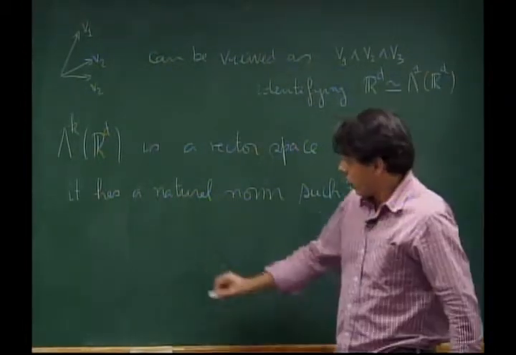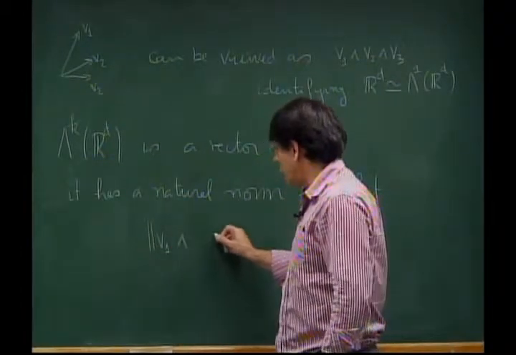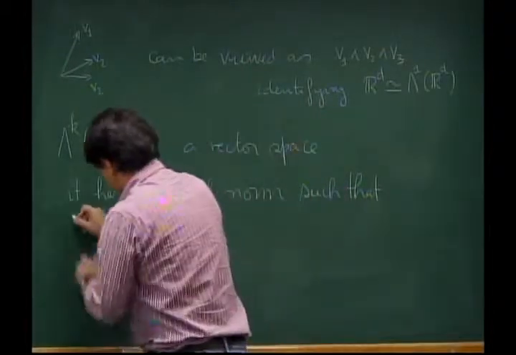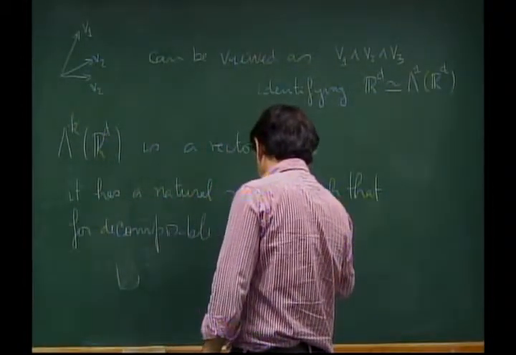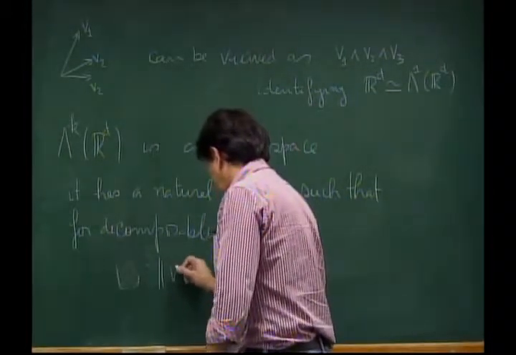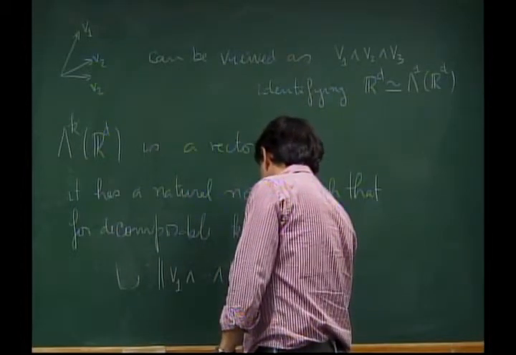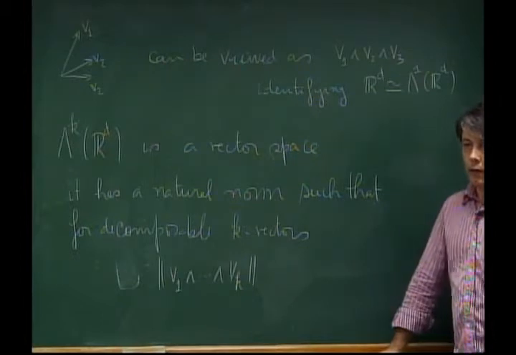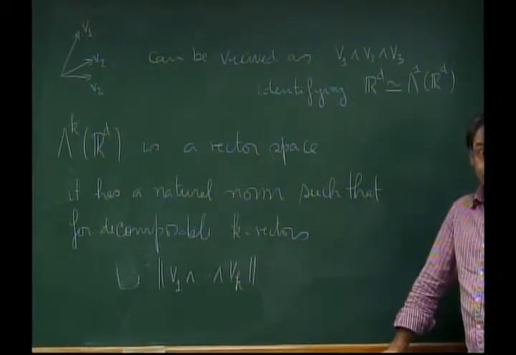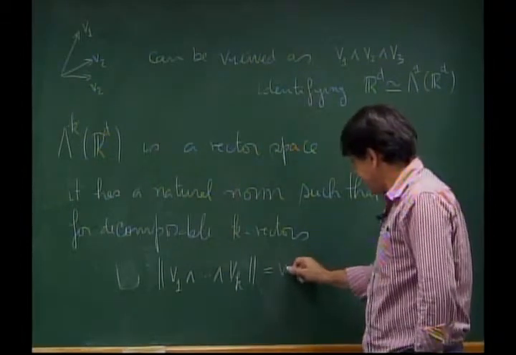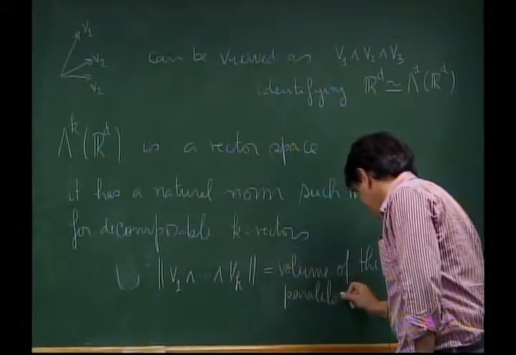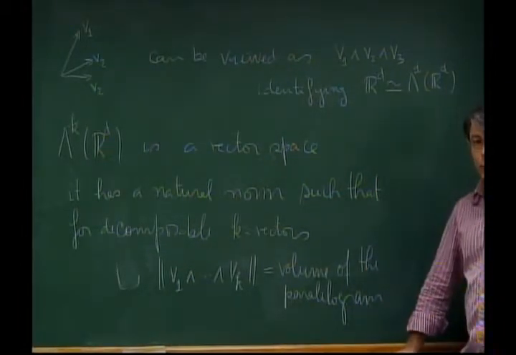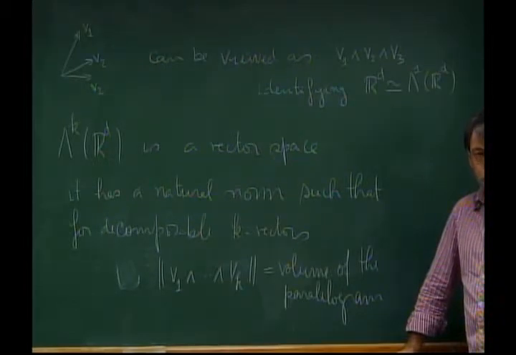I'm going to tell you just what the norm is for a decomposable k-vector: its norm is equal to the volume of the parallelogram defined by v1 through vk. Okay?